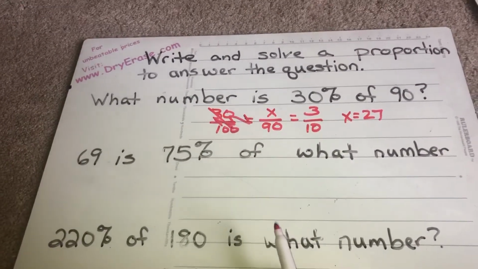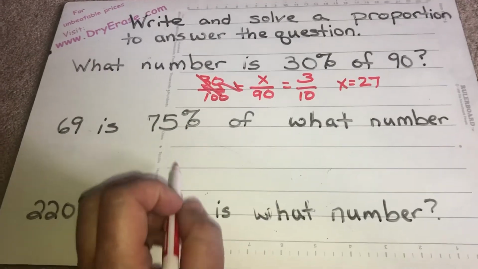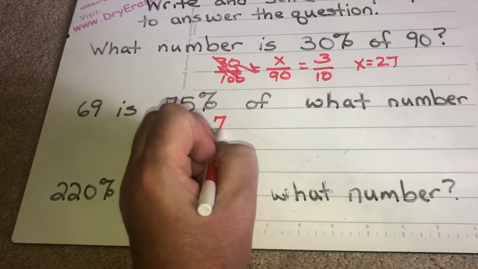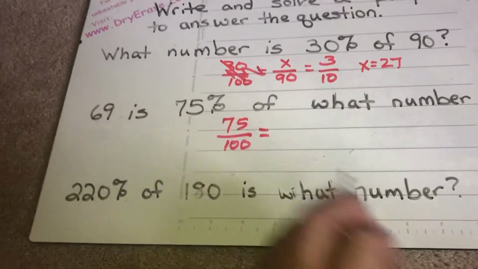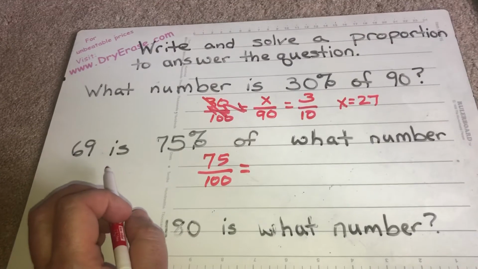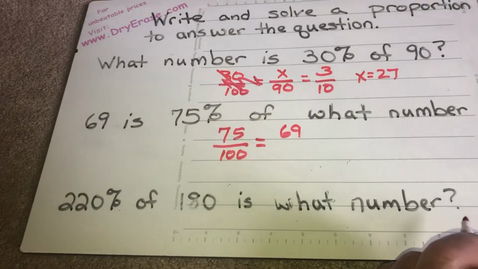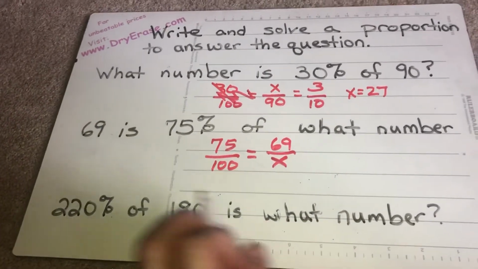69 is 75% of what number? So once again, first of all, we have 75%, so we know that that's going to be 75 over 100, okay? And then 69 is the 75%, so 69 is going to go over x because I don't know what the total is.